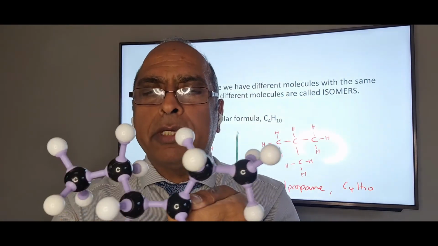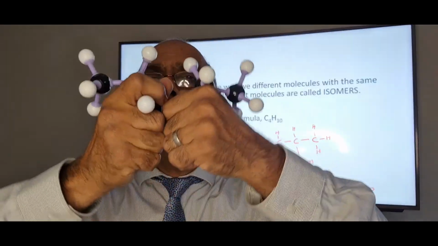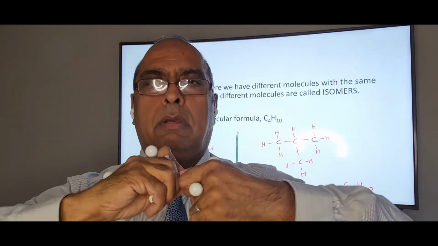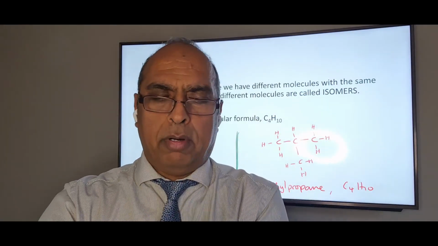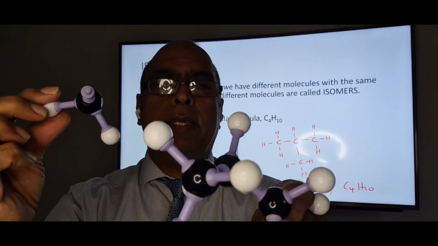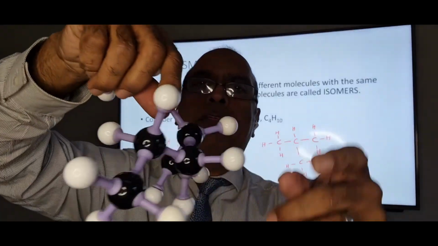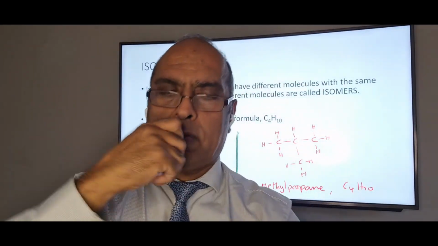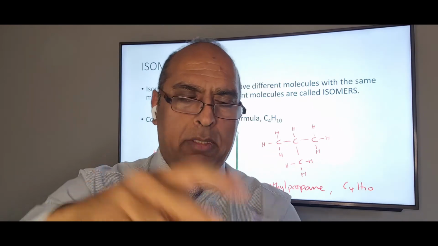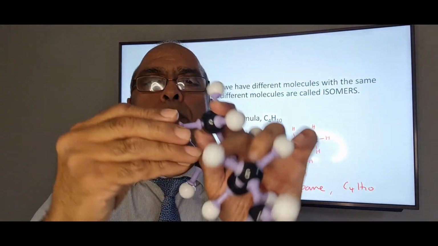But if I were to snap that off and snap that off, and put that there, I've taken out the middle bit, snap that off there, put the carbon there instead, that hydrogen I've got, I put on there.